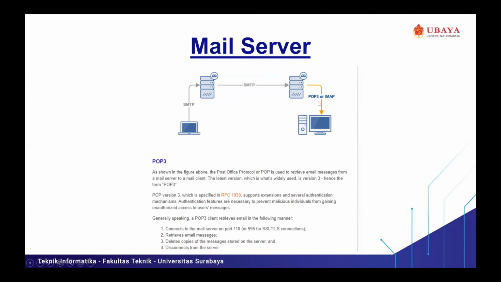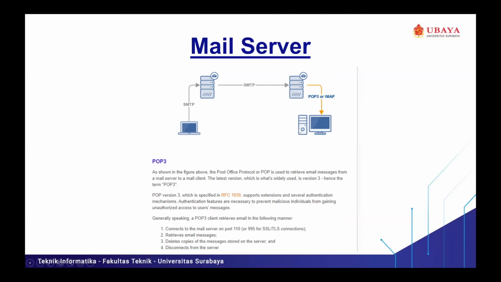So basically, if we use the POP3 protocol, we will get all of the email from the mail server and download it to our computer. Then we will delete all of the messages in the mail server. So it's just like, we get the mail by downloading it from the mail server to our computer or our device, then we delete all of the mail from the mail server.